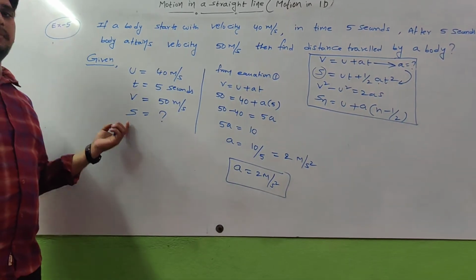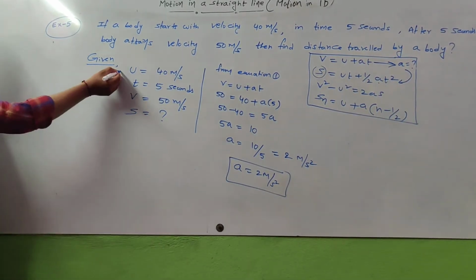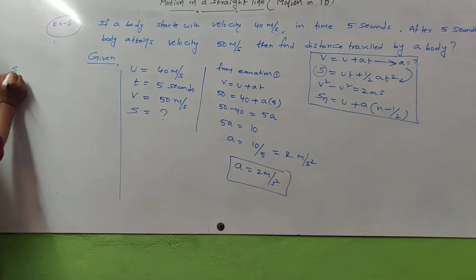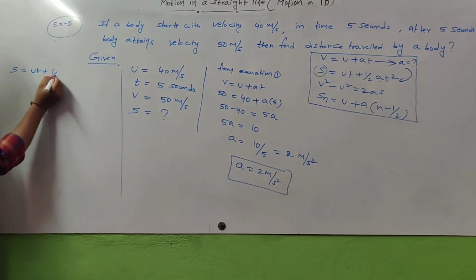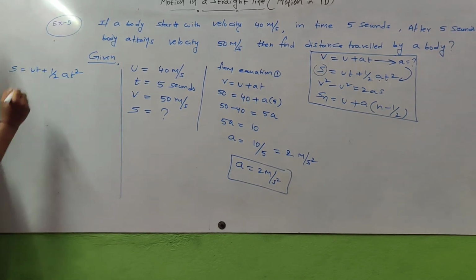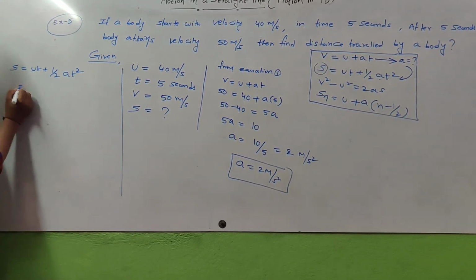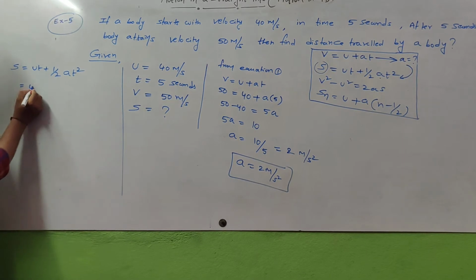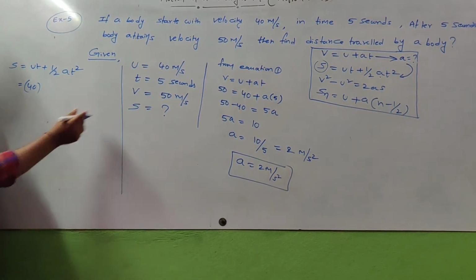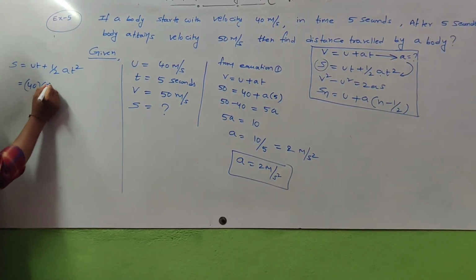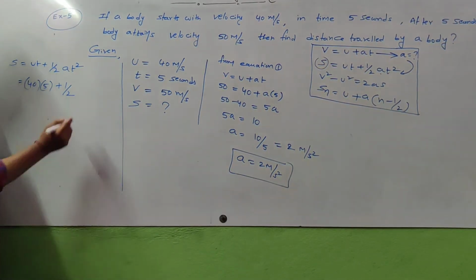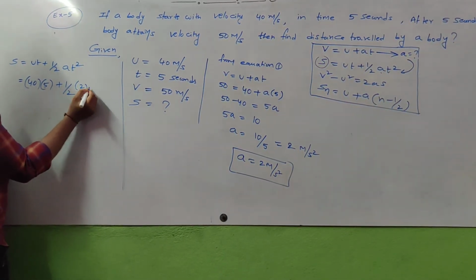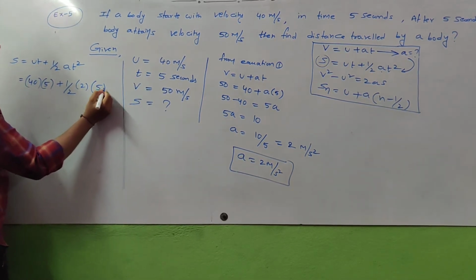So what do we need to find now? The distance value. What is the formula for distance? Distance s is equal to ut plus half at square. So u value is 40 into t value 5, plus half into acceleration, which you already know, is 2, into t value 5 square.